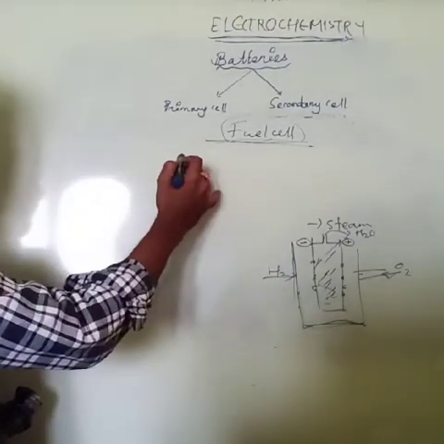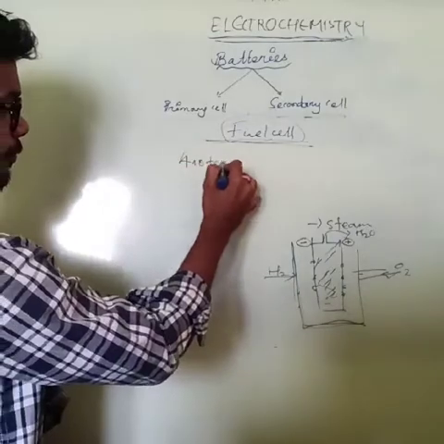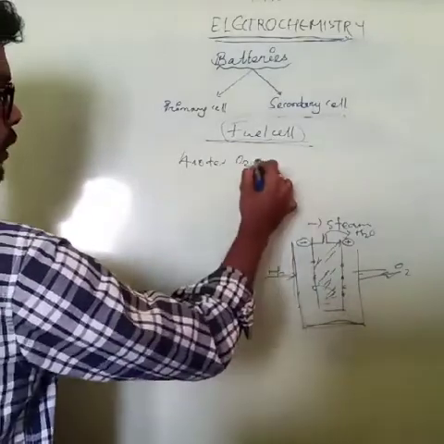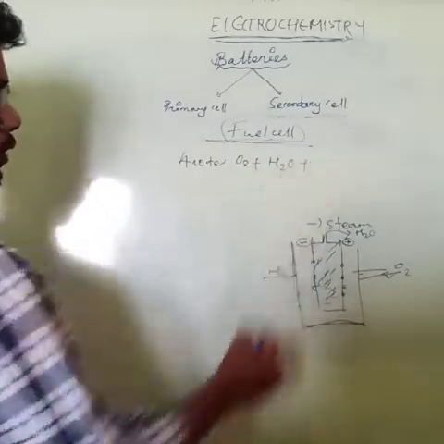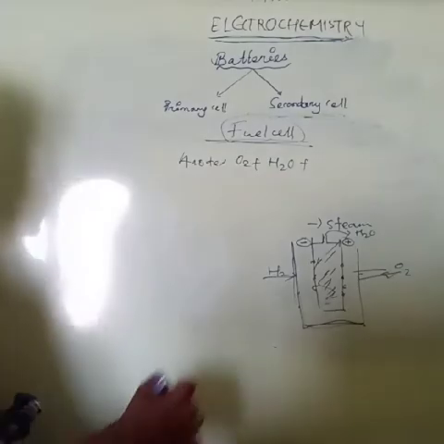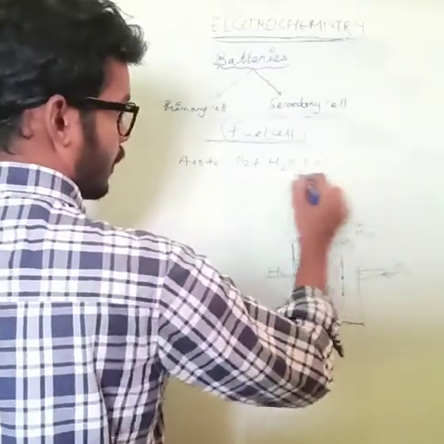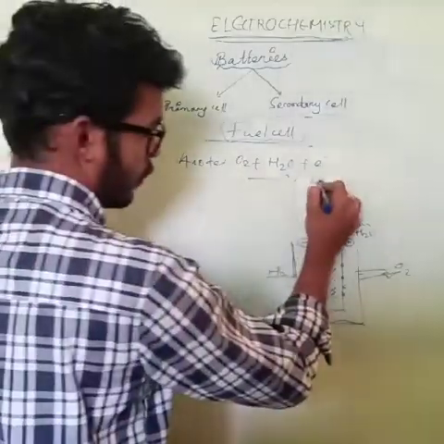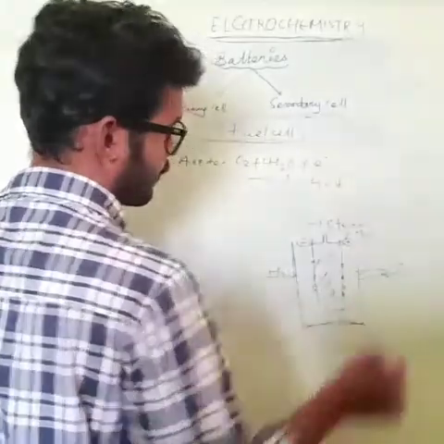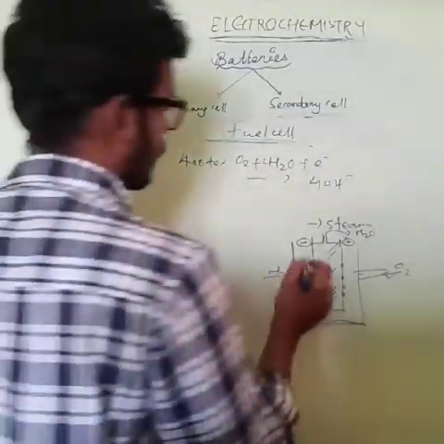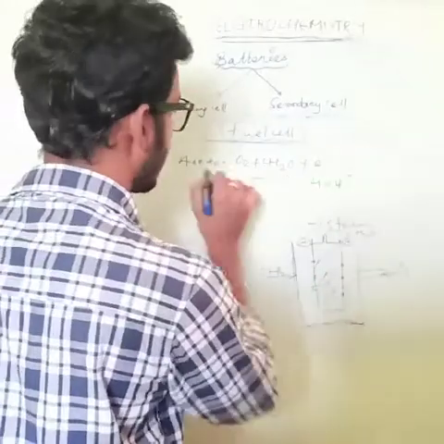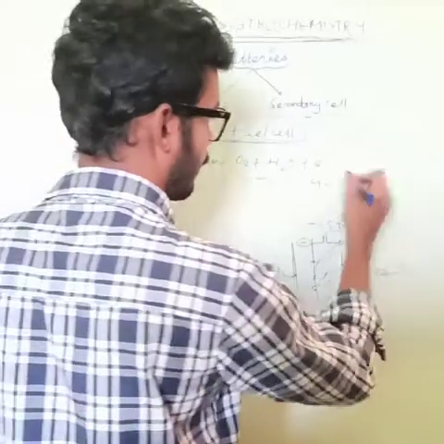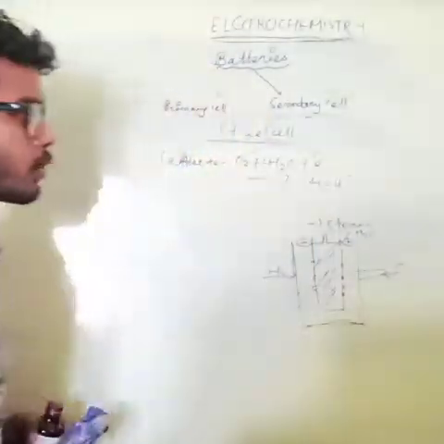So what happens in anode? O2 plus H2O plus, it will give 4 OH minus. This is what happens at your cathode, not in anode. Cathode, because it accepts electrons.